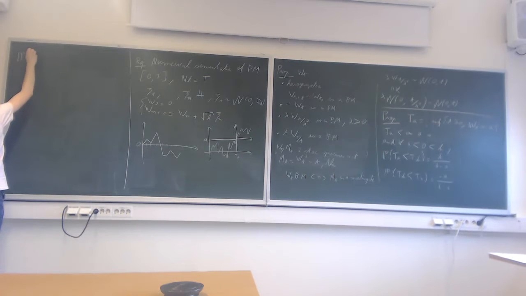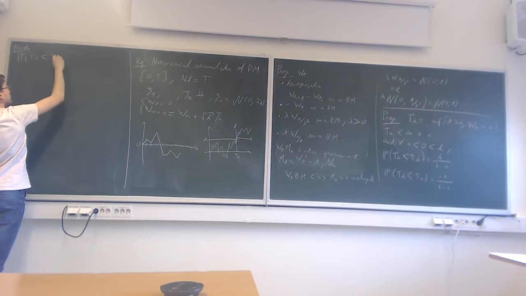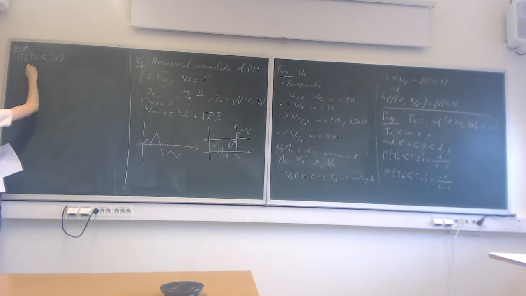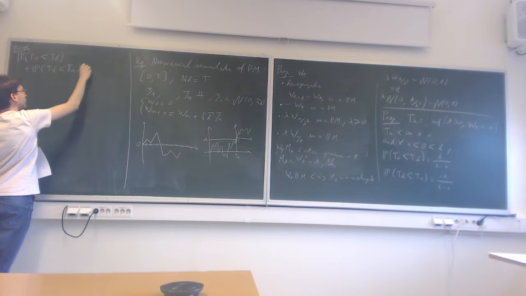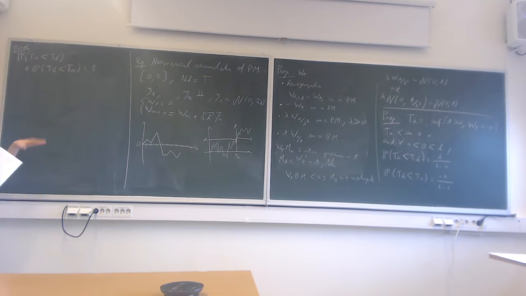We know that the probability of TA less than TB, plus the probability of TB less than TA, is actually 1, because we are in finite time, so this represents all the cases that we can have. Of course, you can add less than or equal to, but it has measure 0. Literally, W of T cannot have both values A and B at the same time.